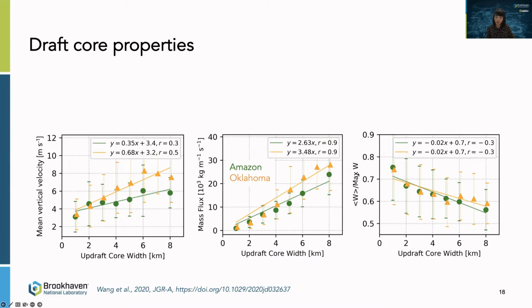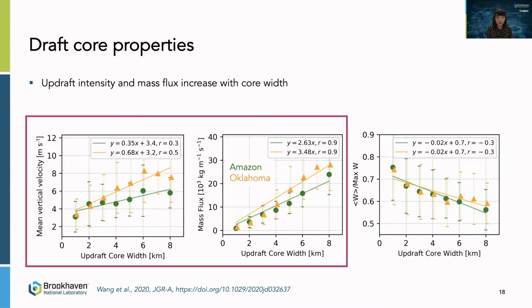So this mean to maximum vertical velocity ratio tells you something about the shape of the core or the variability inside the core. As you can see here, the updraft intensity and mass flux increase as a function of core size, which means that the larger cores tend to be very intense. And this makes sense because those larger cores are more likely to survive during the entrainment and mixing processes.